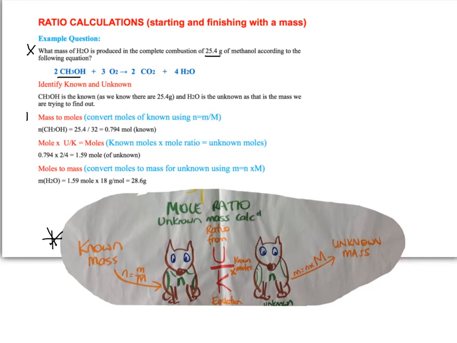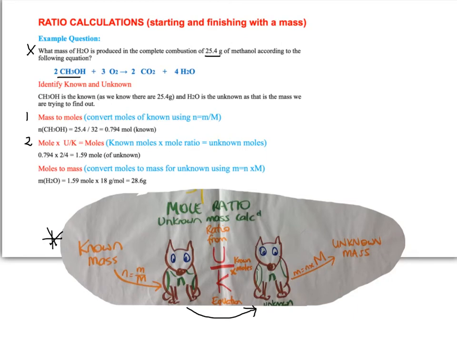Then the second step is going to be what you've just been doing before, which is you've got a known amount of moles. You're going to use the mole ratio to turn it into the moles of the unknown. Okay, so you're doing this step here, which is what you've just been doing before.